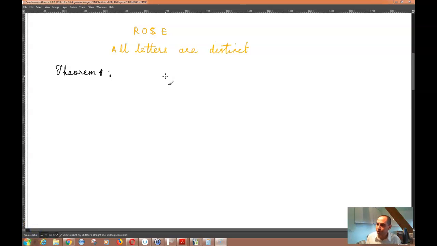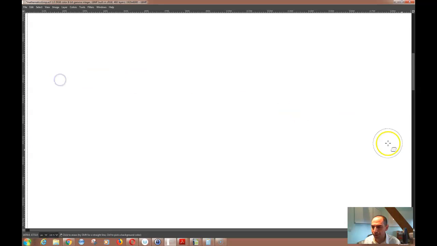Okay, so now let's talk about permutations when all objects are distinct. For example, in the previous example we had the word rose, with these 4 letters.